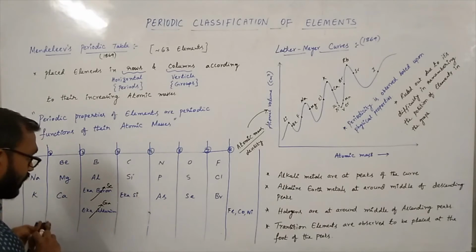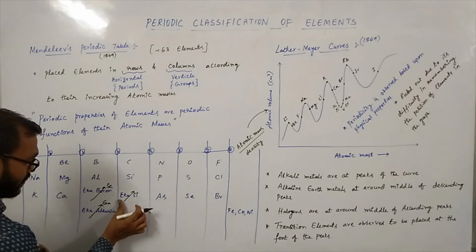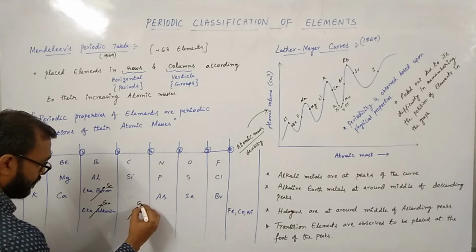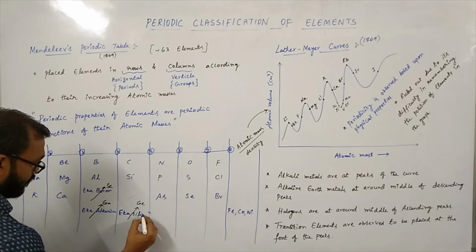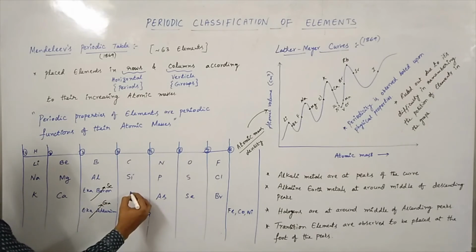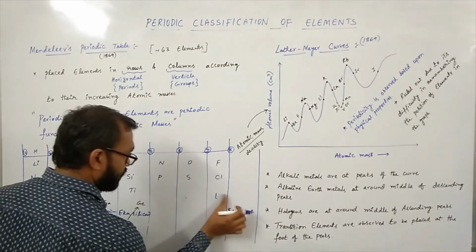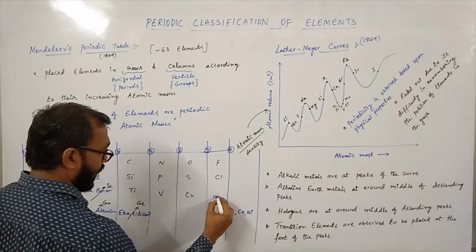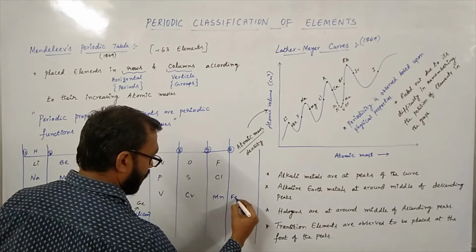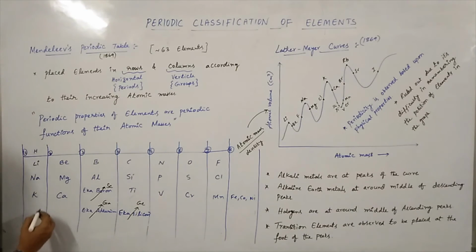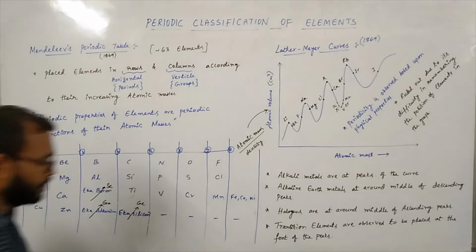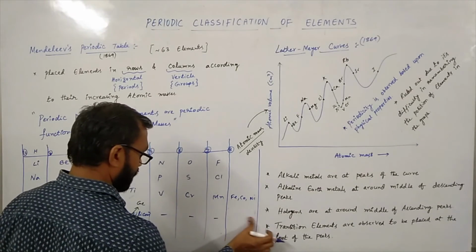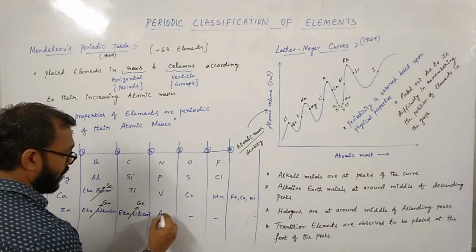So what is silicon? Silicon is germanium. So scandium, let me take it as titanium, vanadium, chromium, manganese, iron, cobalt, nickel, copper, zinc, then aluminium, silicon, and so on. What you will get here now? Arsenic.